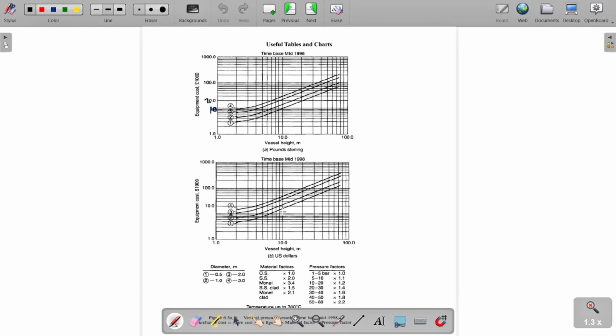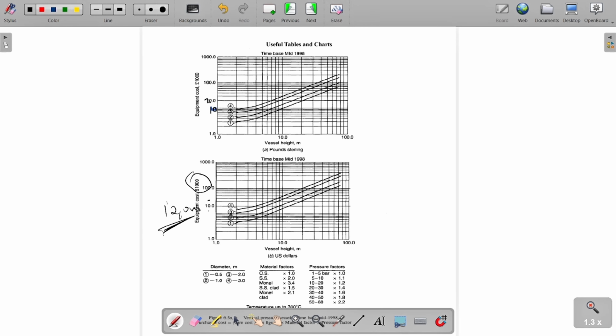You trace it over here and let's say you are getting 12. But you can see that you have to multiply by 1000. So 12 times 1000 gives 12,000. That's actually the cost.